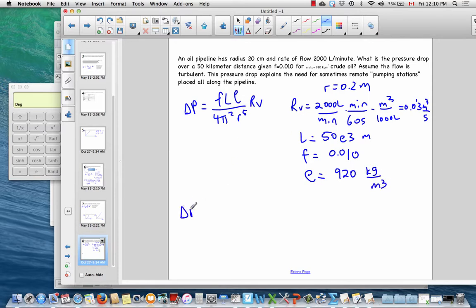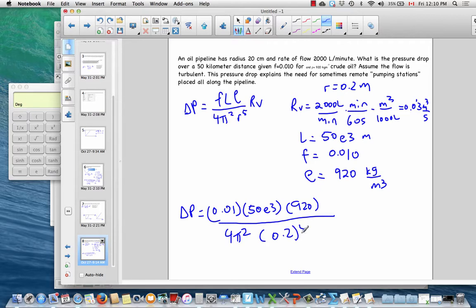Okay, so now we can calculate what that head loss would be. 1, 50,000 for the length, 920 for the density. And I'm not going to put units in just because I did a similar calculation.